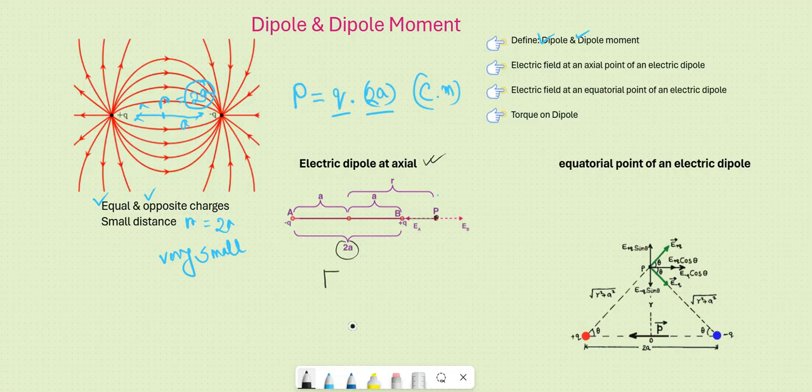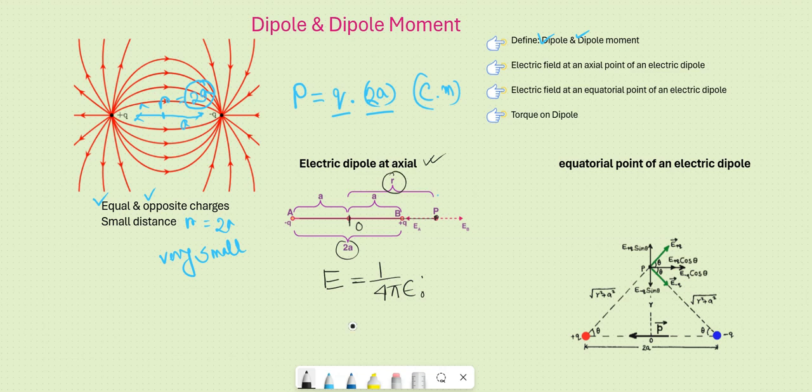At this point, the electric field equation will be 1 by 4 pi epsilon naught, and from the midpoint of the dipole, it means two charges, this is O, and from O to P this distance is considered r.